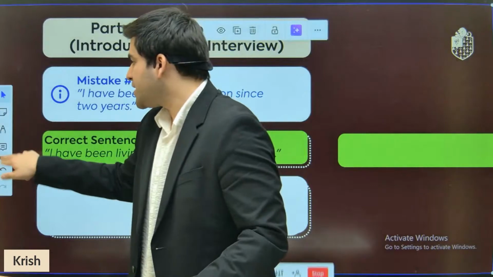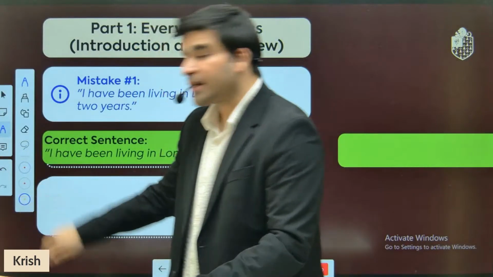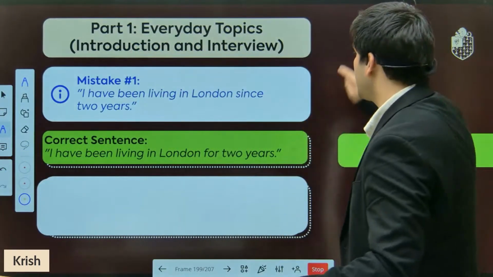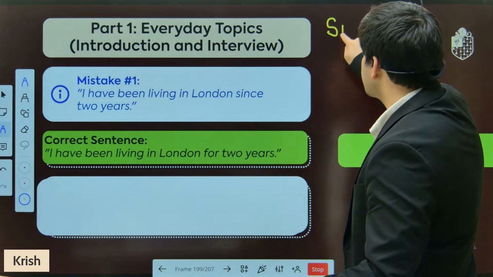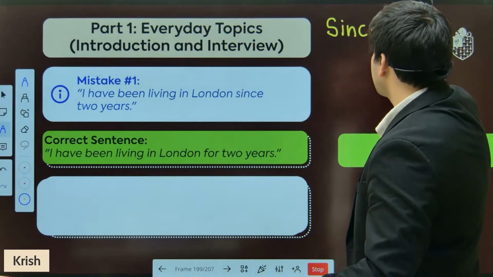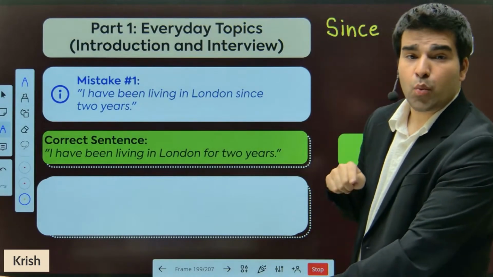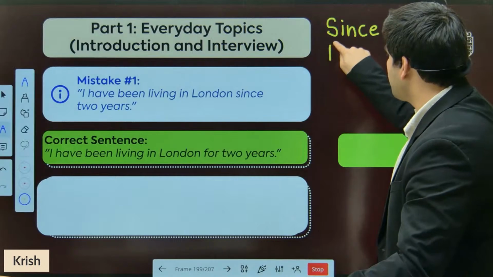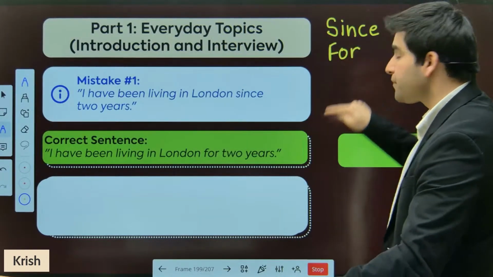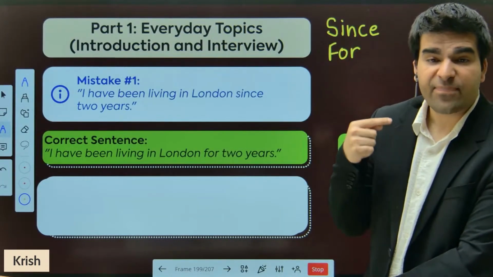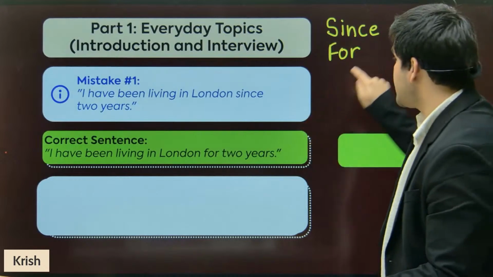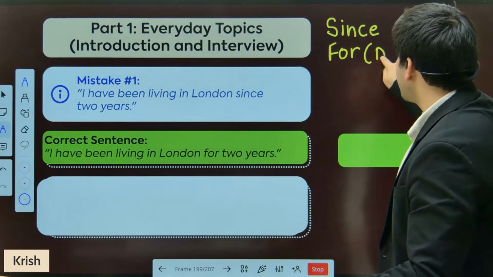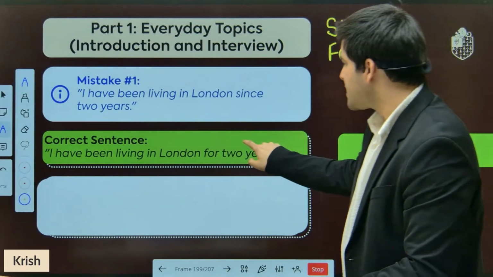What is the explanation? There are two words that people often get confused with. Word number one is "since," and word number two is "for." "For" is used for duration. So have a look at this.